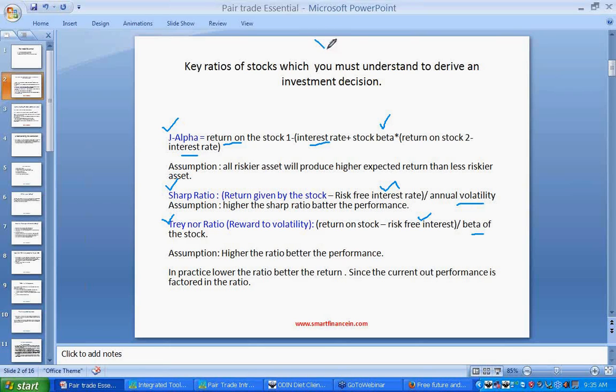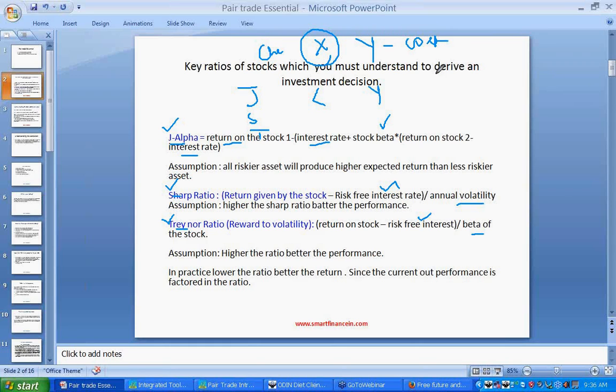Whenever you are comparing X and Y companies, if Jensen's alpha, Sharpe ratio and Treynor ratio of company X are lesser than those of company Y, I repeat, if they are less for company X compared to company Y, then company X is known as the cheaper counter and Y is known as the costlier counter.